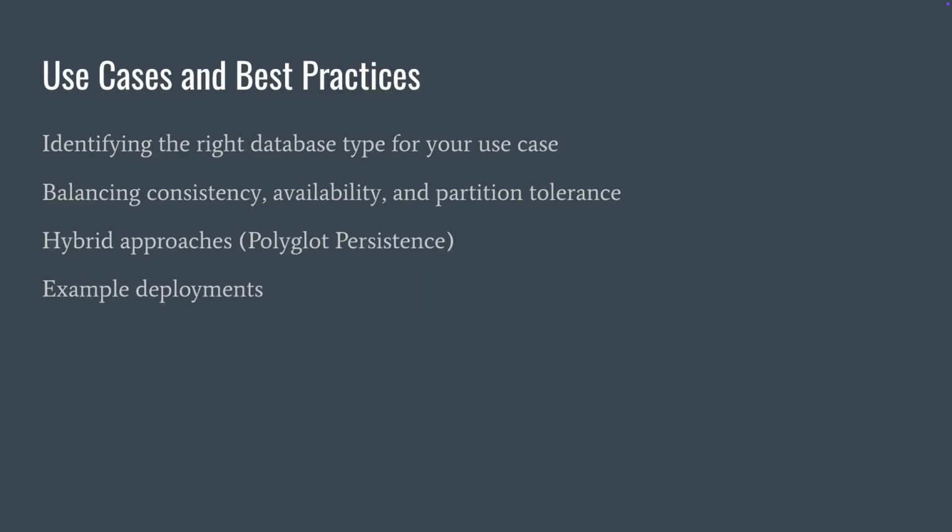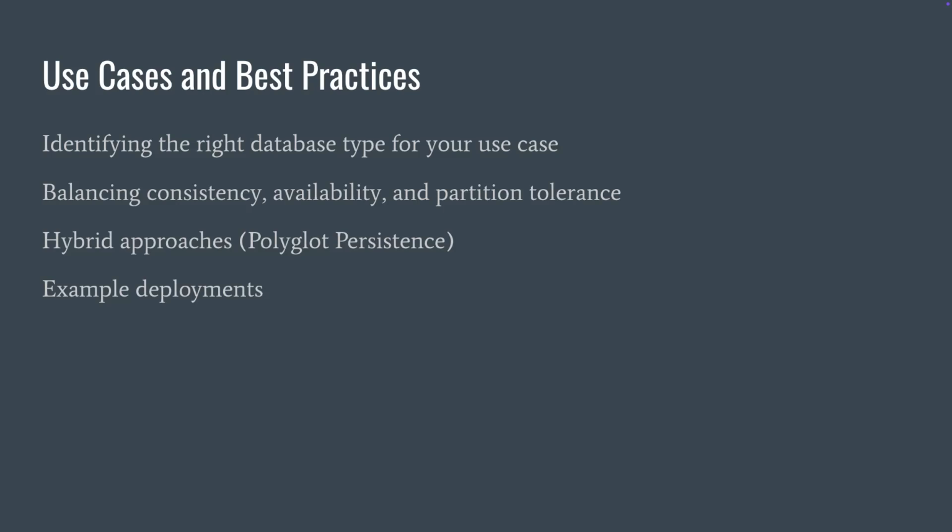Moving on to use cases and best practices. With so many NoSQL types, you may wonder what is the best way to pick the right one? And this answer depends heavily on your application's requirements.